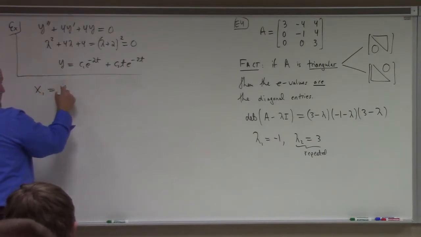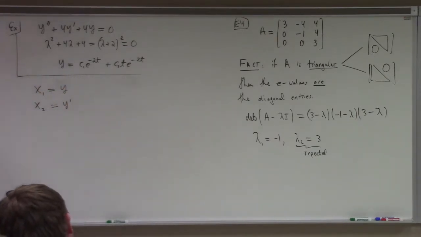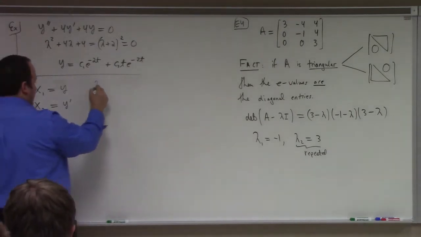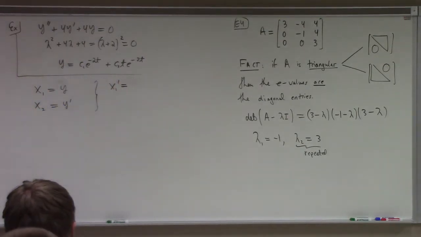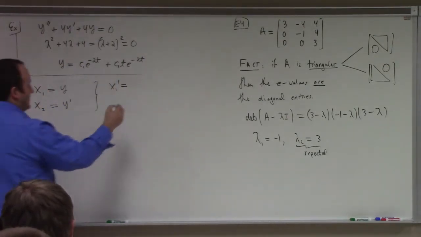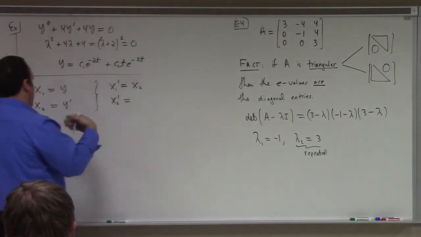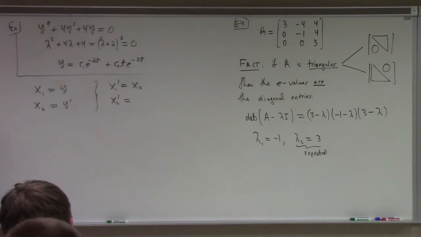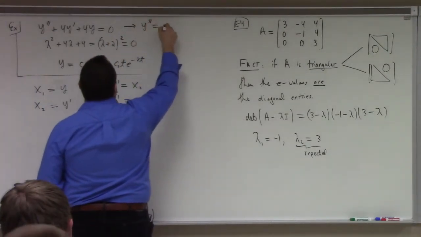x1 equals y, x2 equals y prime is the reduction of order here. Then this gives me x1 prime equals to what? x2, right? And x2 prime is y prime prime, but what's y prime prime?